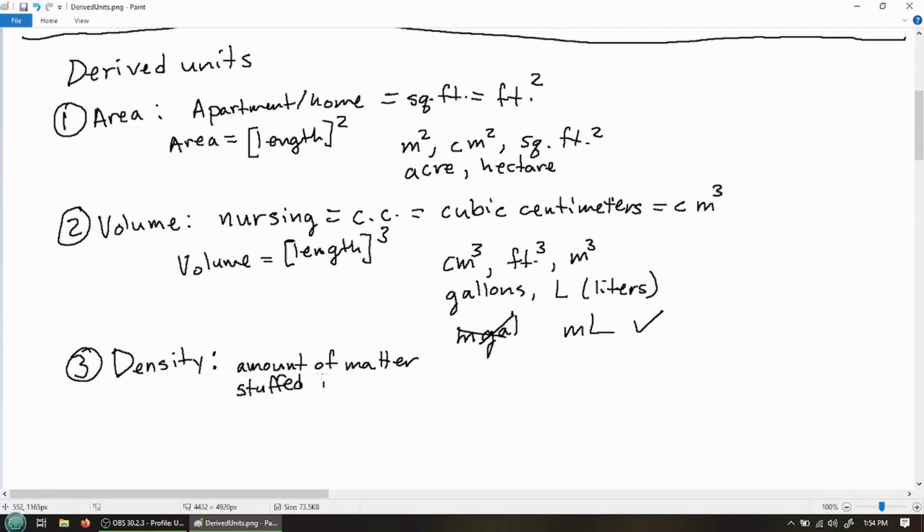Actually, let's say stuffed in a given volume. Right? Because now we might be able to start conceptualizing that this is essentially like saying amount of mass per a given amount of volume.